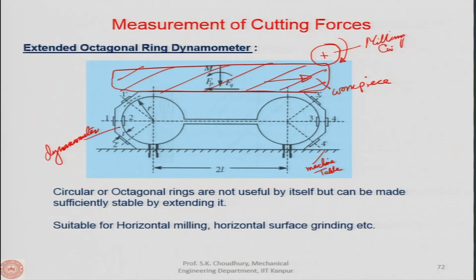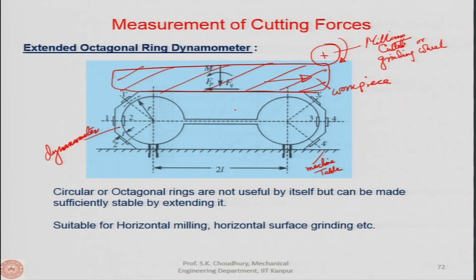So, this is the milling cutter or grinding wheel. Grinding wheel can also be used, because the principle remains the same. In case this is used for measuring the grinding forces, the same thing applies: on the grinding machine table, the dynamometer is rigidly fixed and the workpiece in its turn is rigidly fixed on the dynamometer.